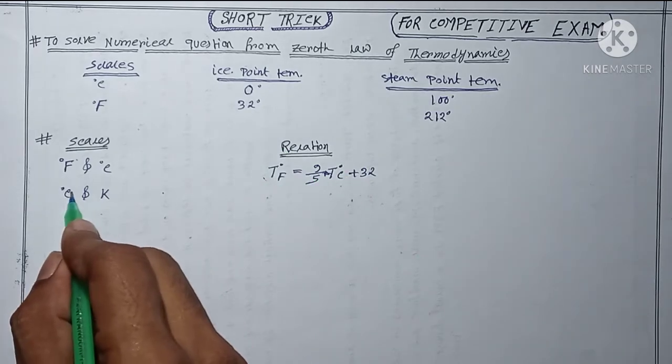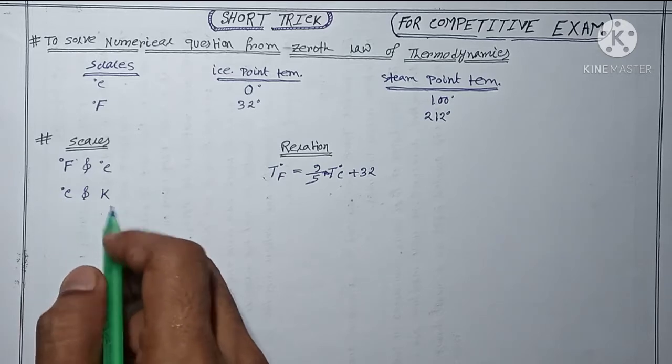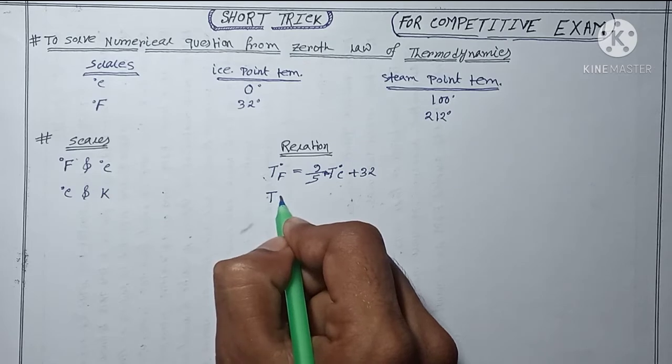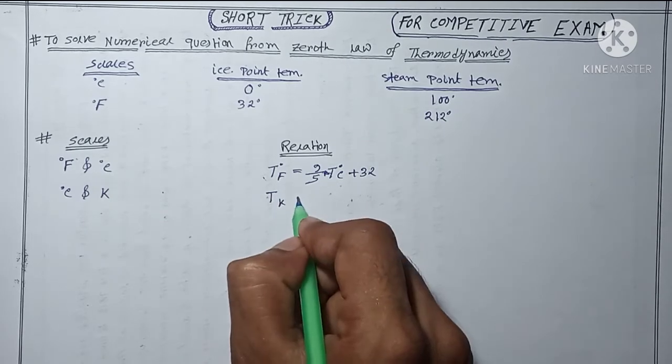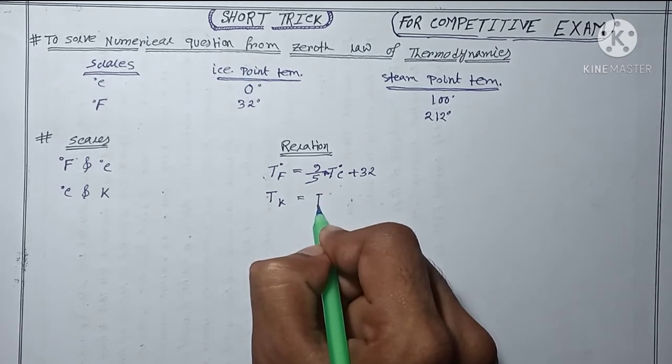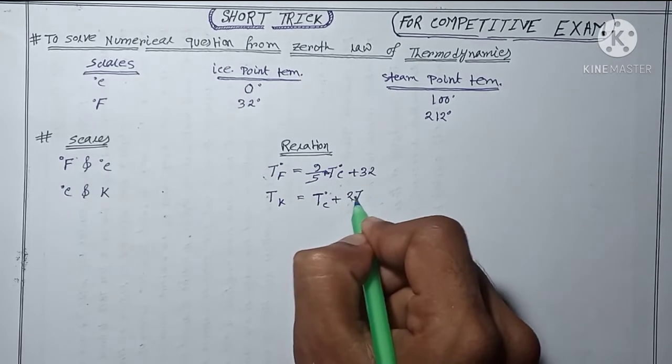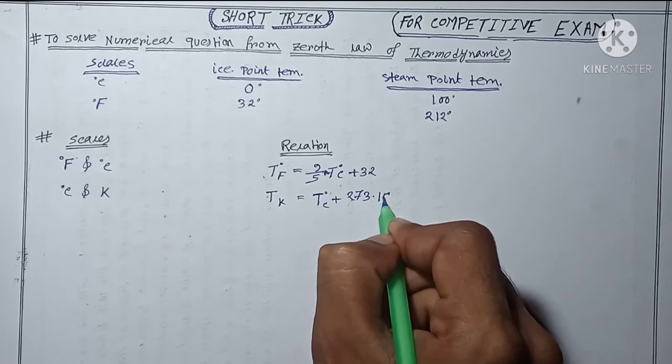Similarly, if we convert the Celsius scale into the Kelvin scale, the temperature on the Kelvin scale is equal to the temperature on the Celsius scale plus 273.15.